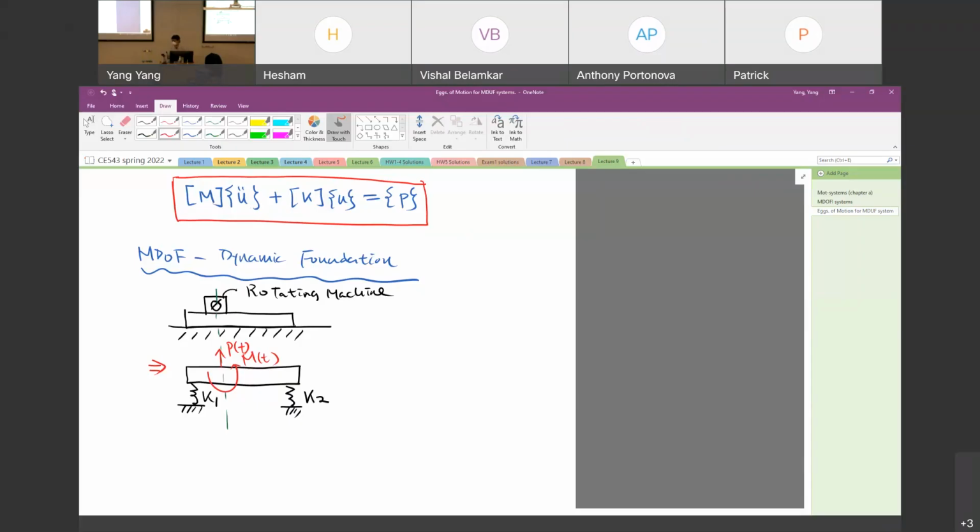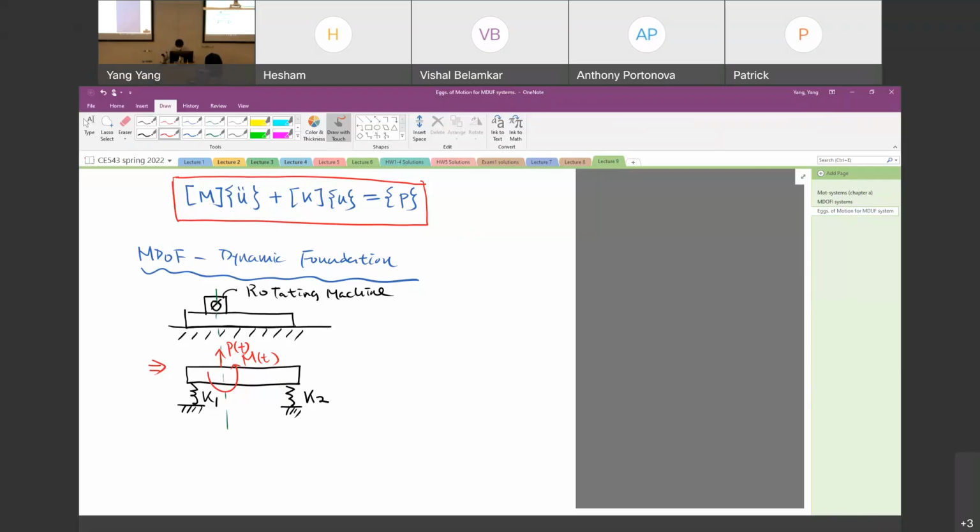So we can model this system by using a rigid beam with two springs on two ends. The spring constant is different for the two springs. When the rotating machine runs, there will be an external moment as well as an external force exerted on that rigid beam.